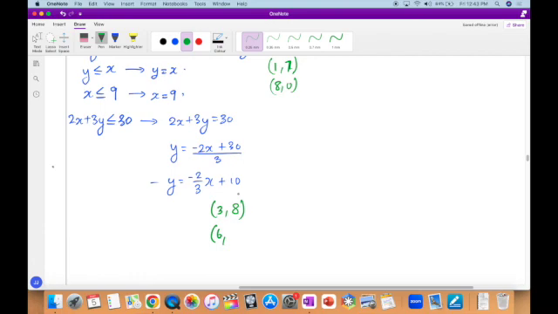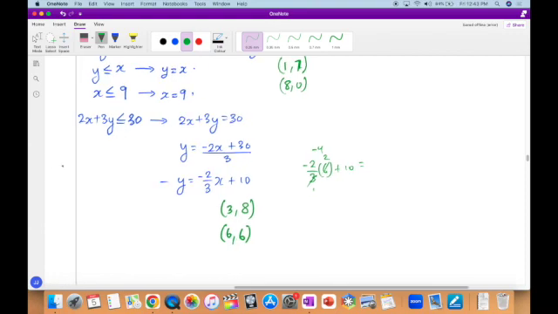Negative 4 plus 10 will be 6. So we have the point 6, 6.